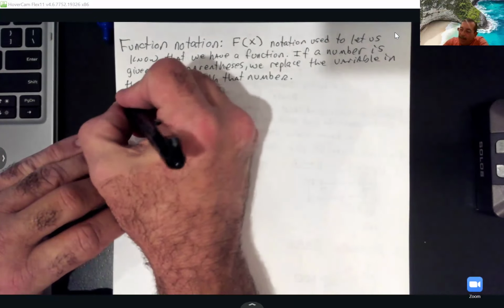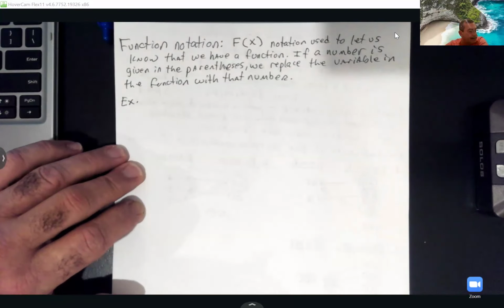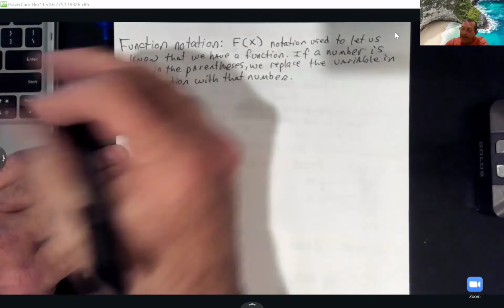So y'all let me play with one of these and show y'all what I'm talking about here. So they're giving me a function k.